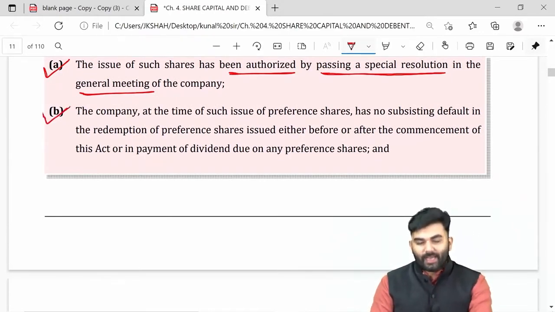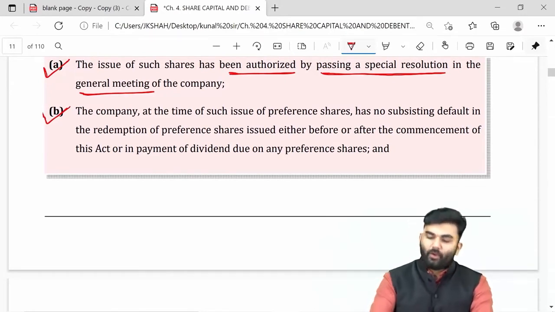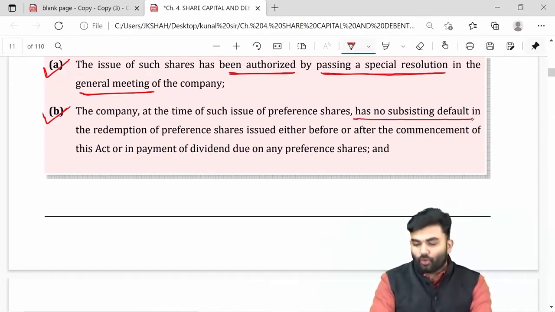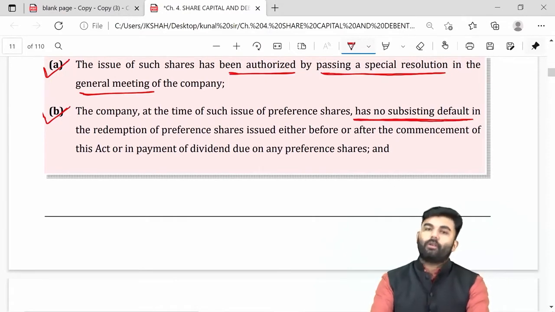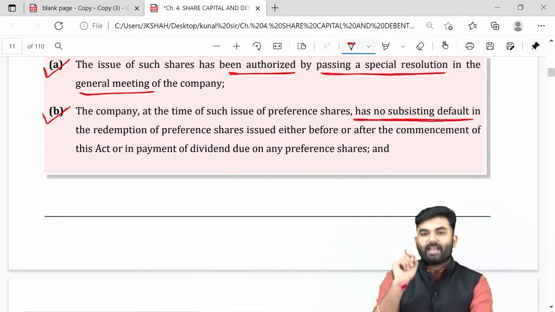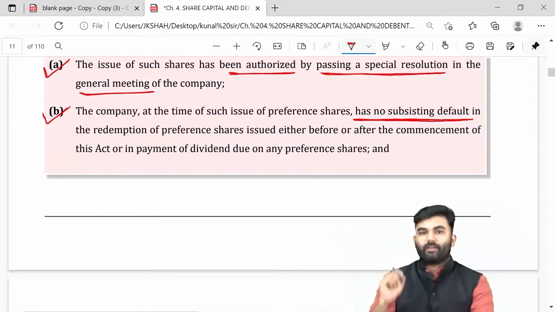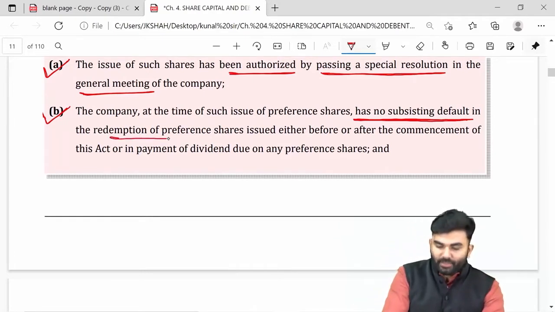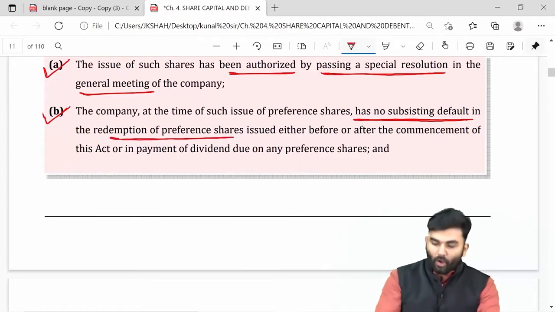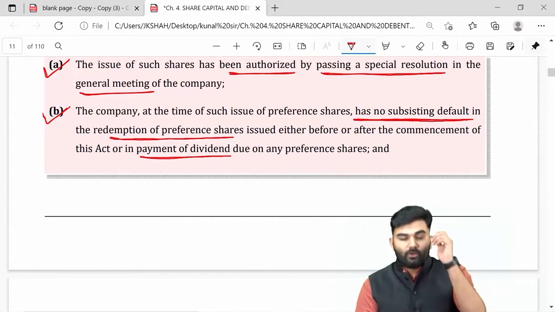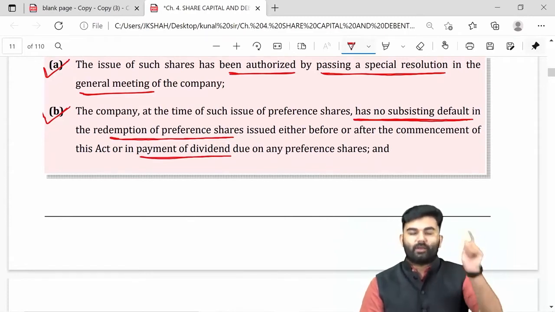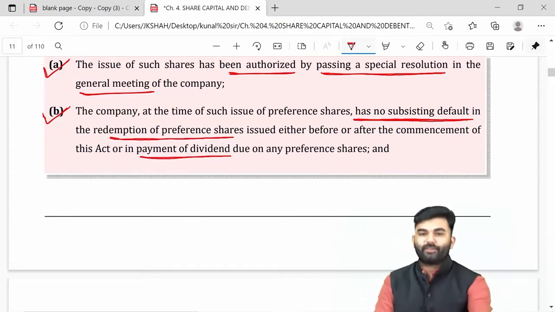The lawmaker says that preference shares can be issued by a company only when the company has no subsisting default. Subsisting stands for existing. There should be no existing default either towards the redemption of preference shares or towards the payment of dividend.